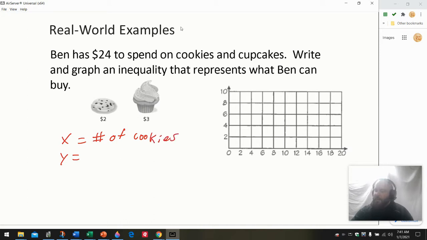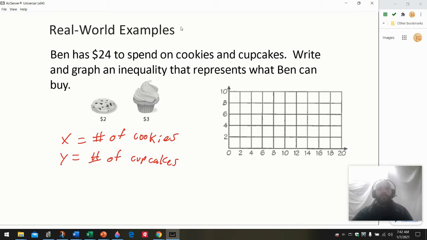And then Y is going to be the number of cupcakes. So that's the first thing that is important to do whenever you are writing an equation that represents something in a real life situation. You should define your variables, and you will receive points for doing that. So in a problem such as this, what you just saw me do would be worth 2 points.